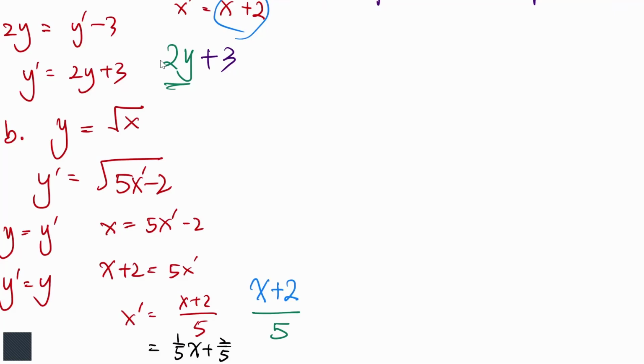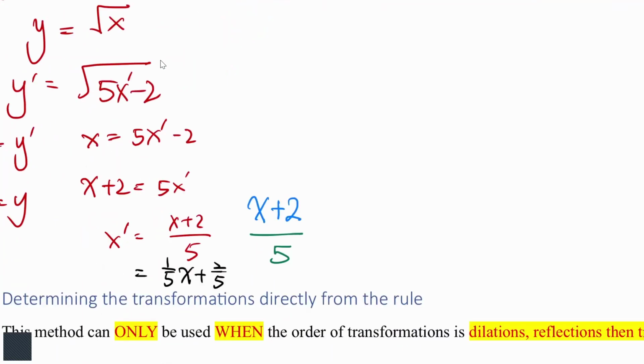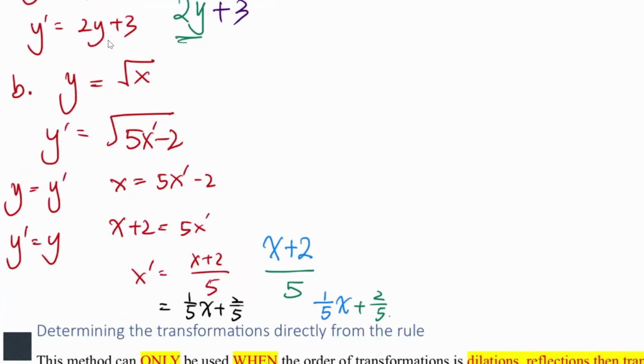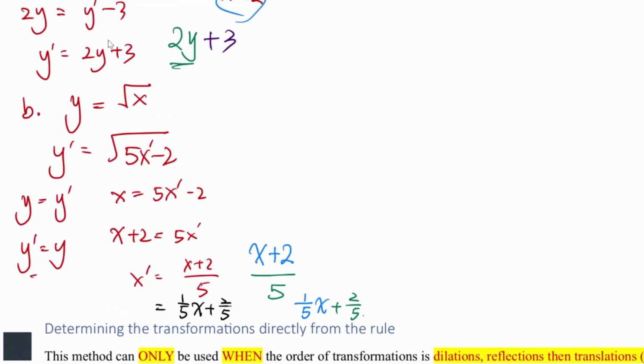And this time you can say I actually do a dilation of 1/5 x. Then I do a translation of plus 2 over 5. That's fine. That's 2 different methods. I'll write down the answer one by one. And you don't need to worry about this. Doesn't matter. Okay? So the first method, you do translation first.